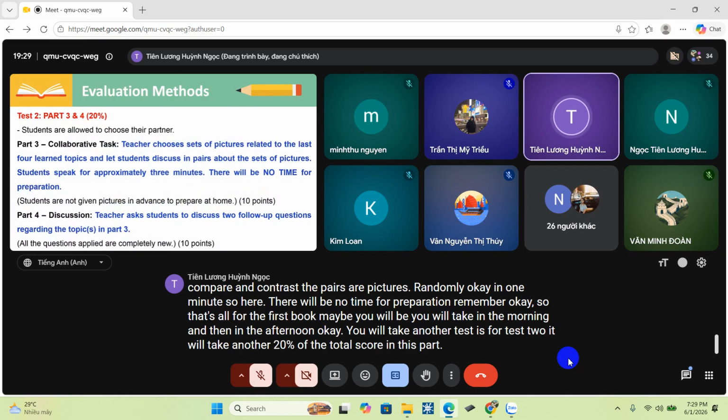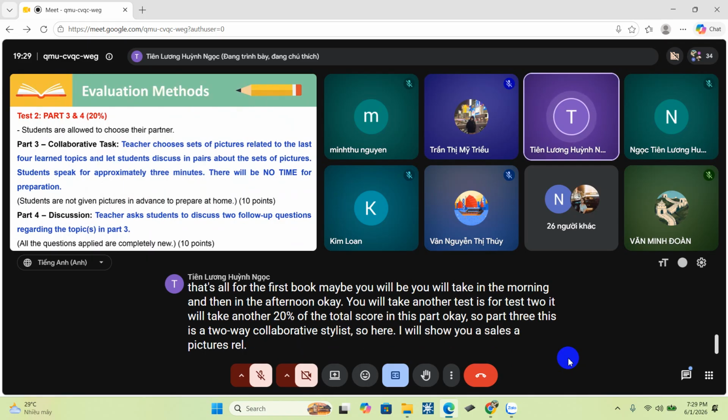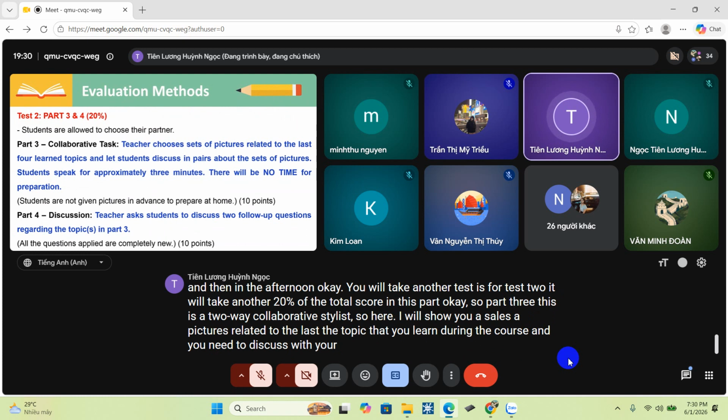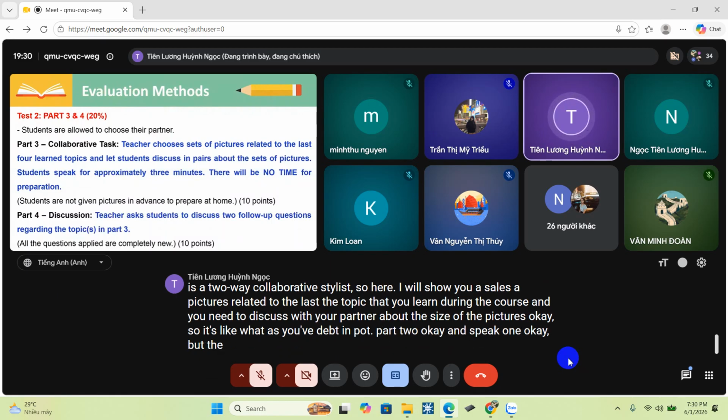In this part, part three, this is a two-way collaborative task. I will show you a set of pictures related to the topics that you learned during the course, and you need to discuss the set of pictures with your partner. It looks like what you did in part two in Speaking 1, but the content of the pictures could be different.